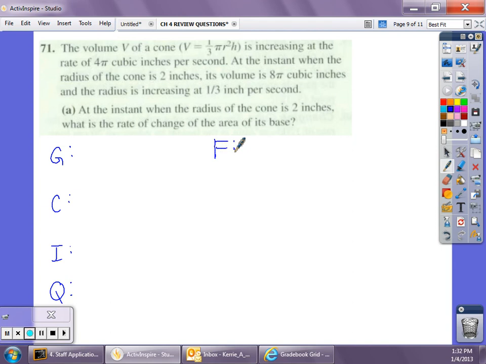All right, so information that we're given: the volume is increasing at a rate of 4 pi cubic inches per second. At the instant when the radius of the cone is 2 inches, its volume is also, right then, 8 pi cubic inches.